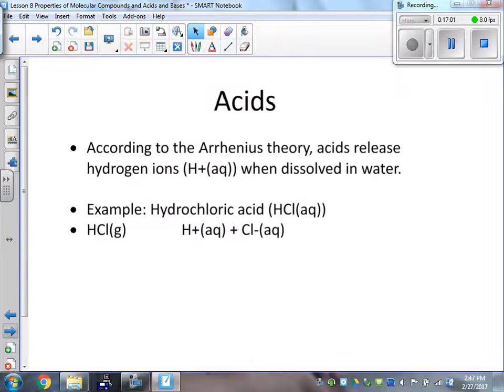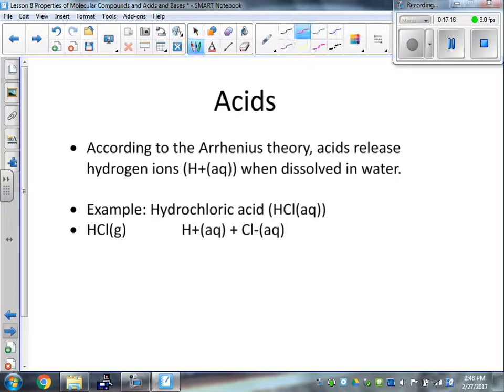Okay? Now, acids is probably the next big thing we need to talk about. Arrhenius was a guy that did a lot of study on acids. And he basically proposed that acids release hydrogen ions. So this H plus here, this is what is responsible for acids, guys. An H plus, okay, when dissolved in water.